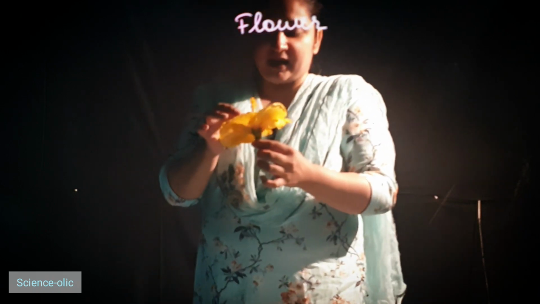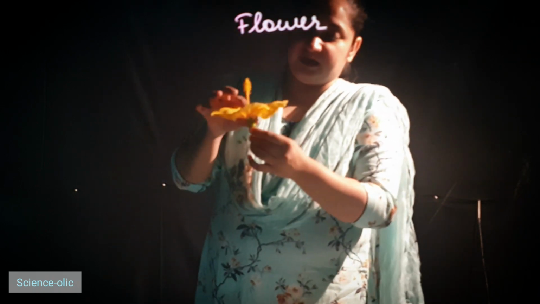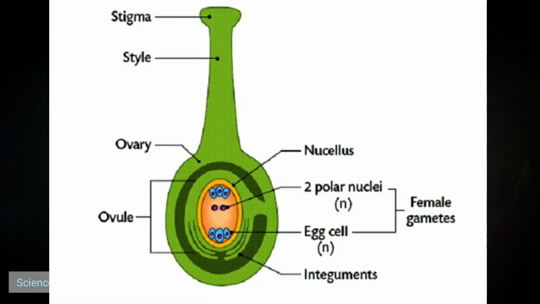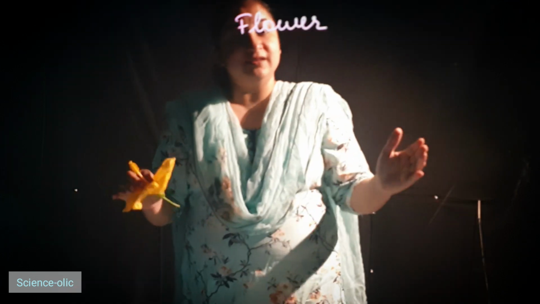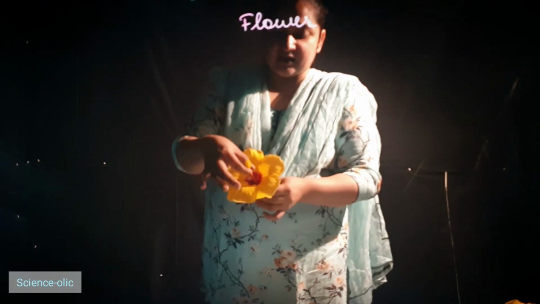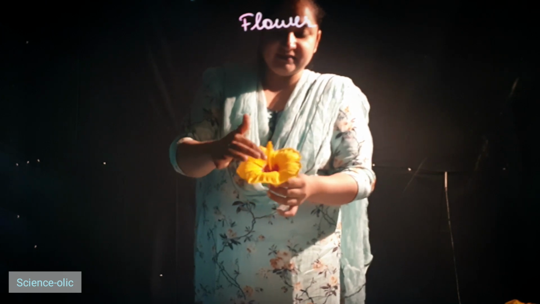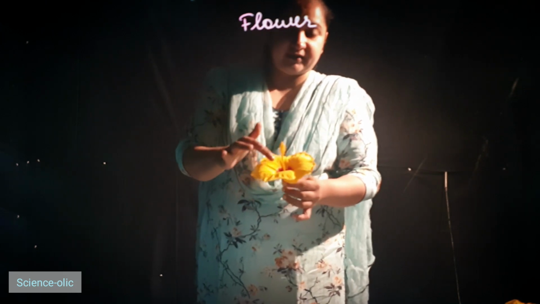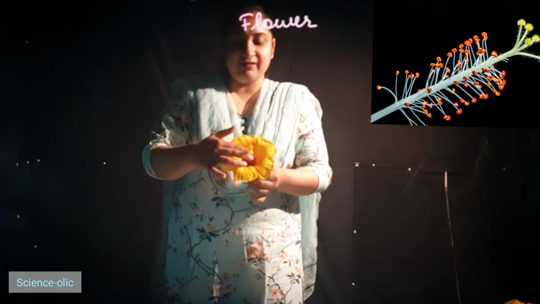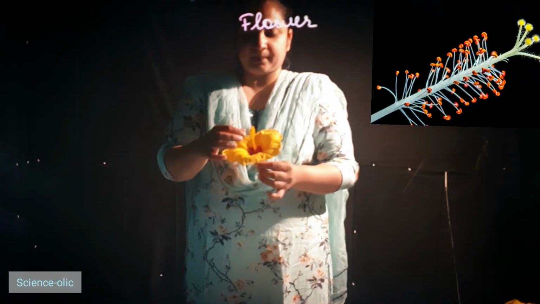Now this part contains the ovary, the female reproductive part, which forms the fruit and another flower. And this outer part is known as the male reproductive part. In hibiscus it is very well defined.